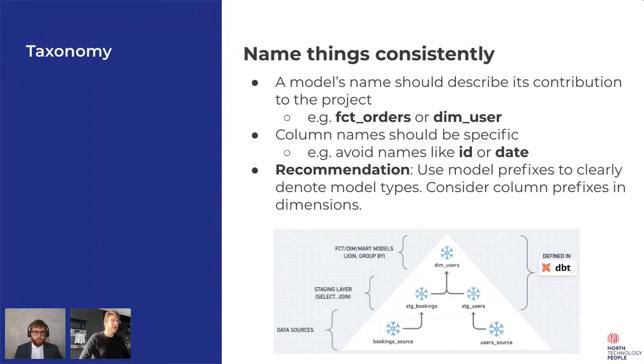Similarly for column names, you want to avoid simplistic names like ID or date, and make those names very descriptive. I've even seen some projects have pretty explicit ID names, like putting the entire dim user ID as the user ID, so whenever you join it to a different fact table, for example in a mart model, you know exactly what that dimension column is referring to and which dimension it comes from.